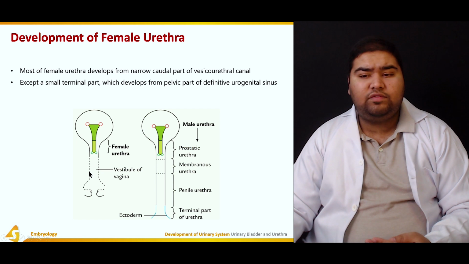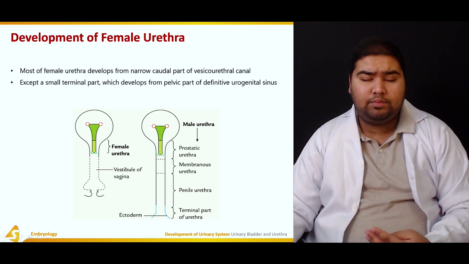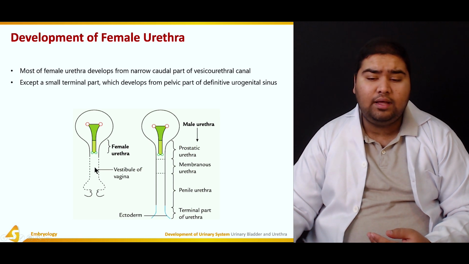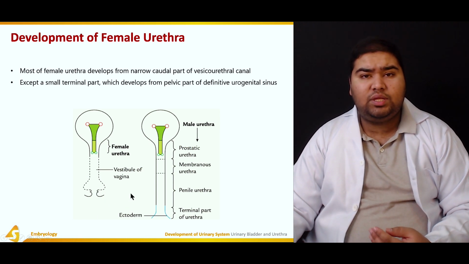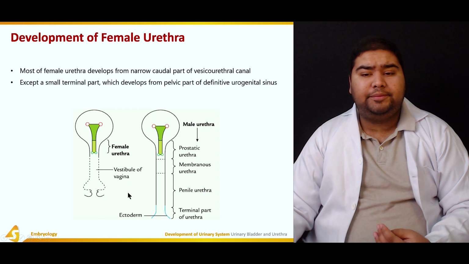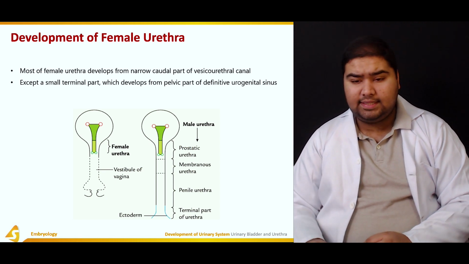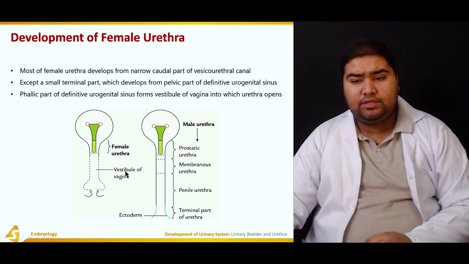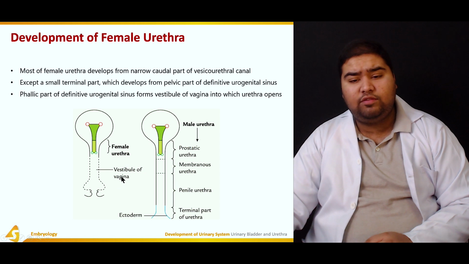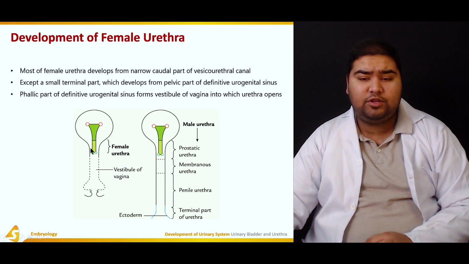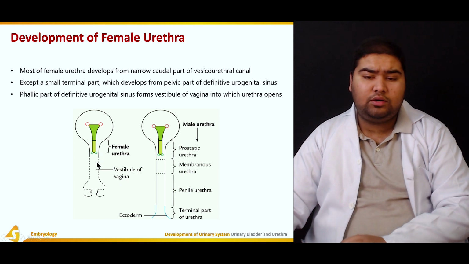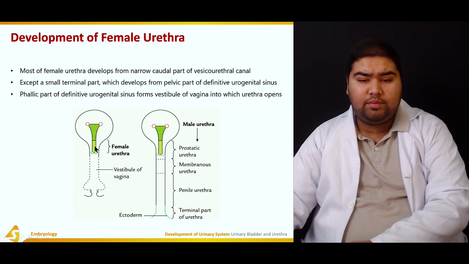The phallic part of the urogenital sinus is responsible for the formation of the vestibule of the vagina, and the terminal portion of the urethra is formed by the definitive part of the urogenital sinus. So this is the female urethra.